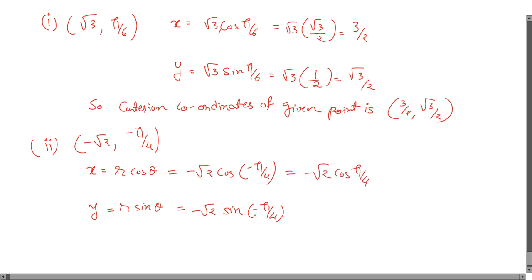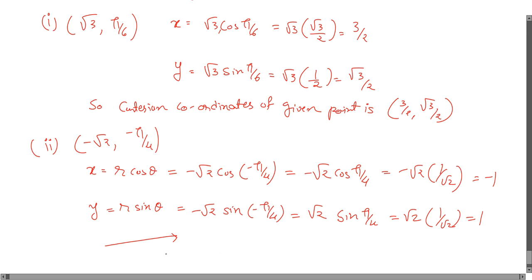And sin is an odd function, so it is root 2 sin pi by 4. And you know that cos pi by 4 and sin pi by 4 are 1 by root 2. So minus root 2 times 1 by root 2, and here it will be root 2 times 1 by root 2. So this is minus 1 and this is 1.